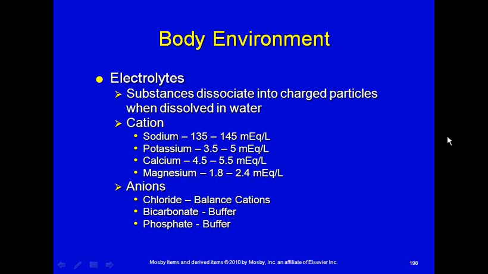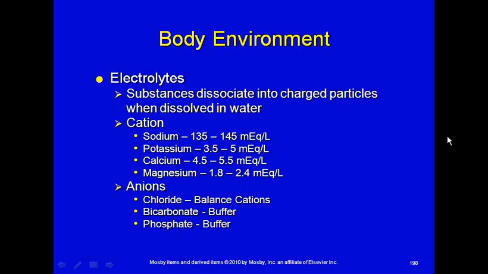Potassium is another extremely important cation, particularly related to the heart, and that's where we'll see evidence of low or high potassium levels by looking at the lead 2 ECG for the classic signs of hyperkalemia, which are peaked T waves and those sorts of things that we'll learn later.